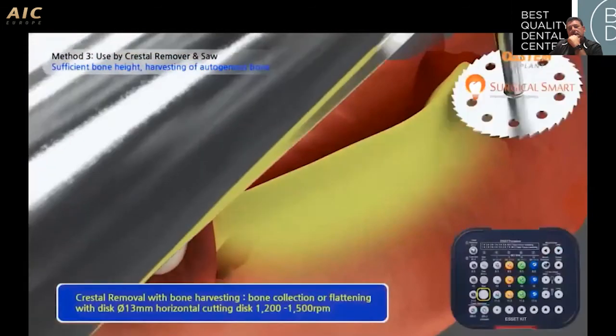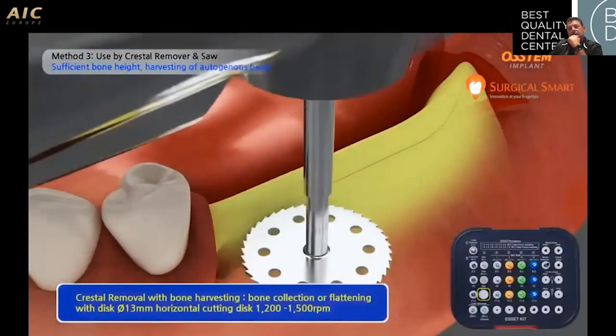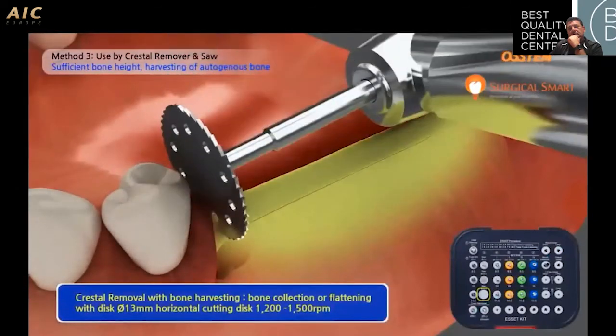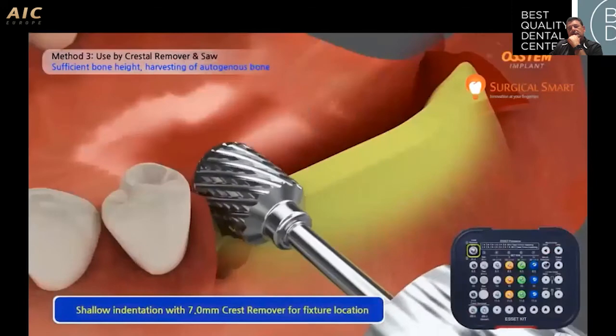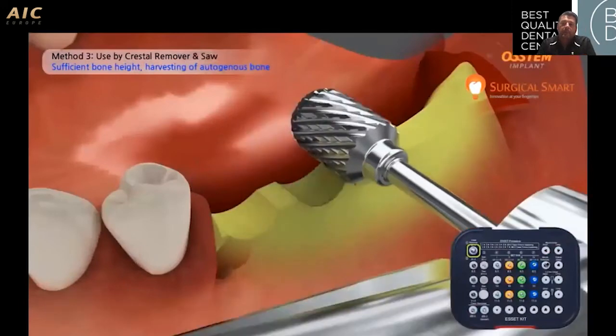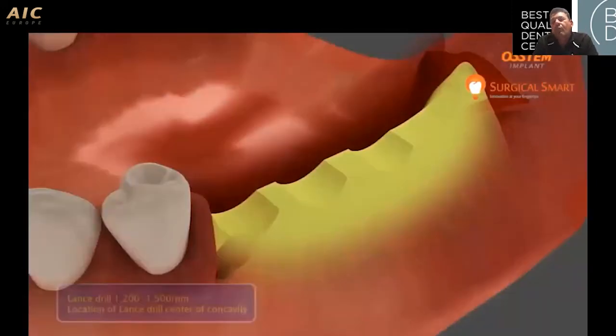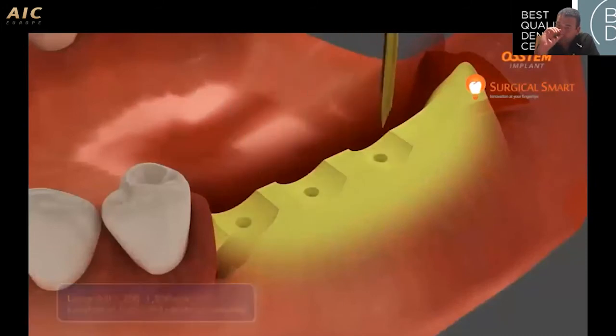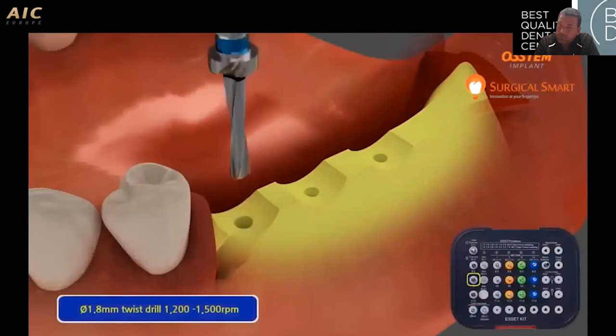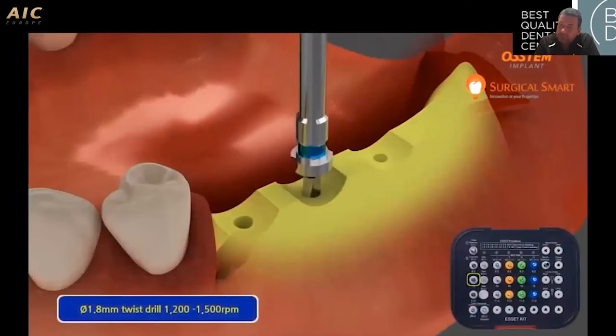For method 3, use the horizontal cutting disc to remove the top of the ridge, creating 3 shallow indentations upon the surface with the crestal remover. After commencing your choice of these 3 methods, use the guide drill to mark the center of these 3 indented spots. Go on to drill the area with the 2.8 diameter twist drill.